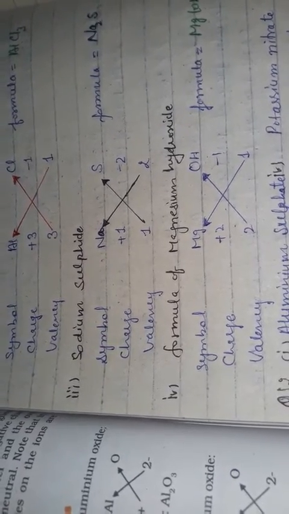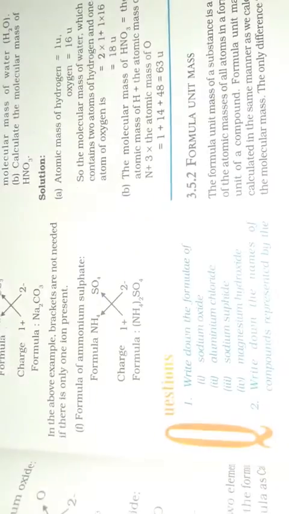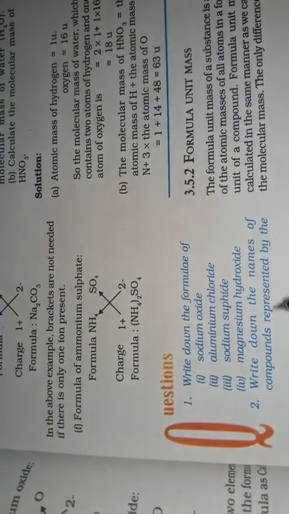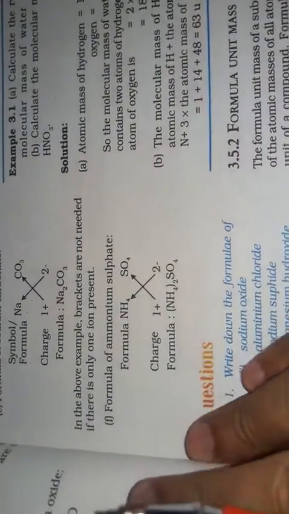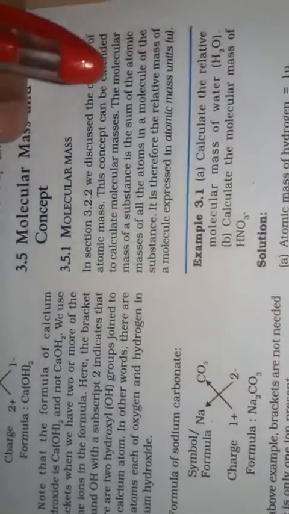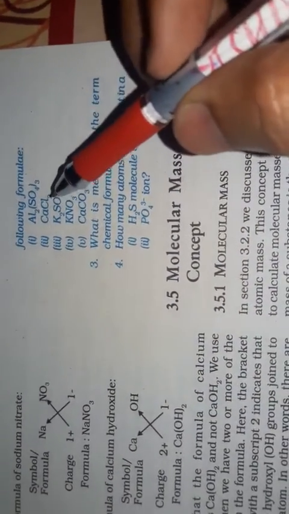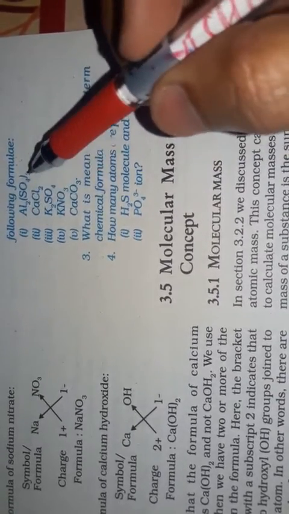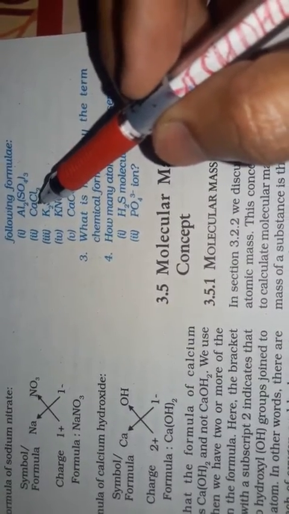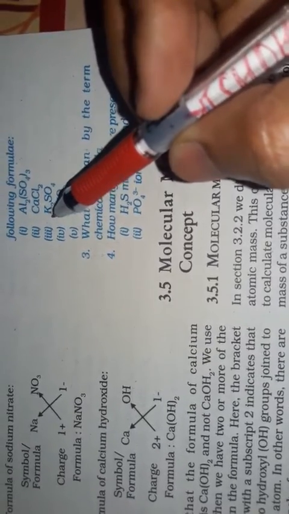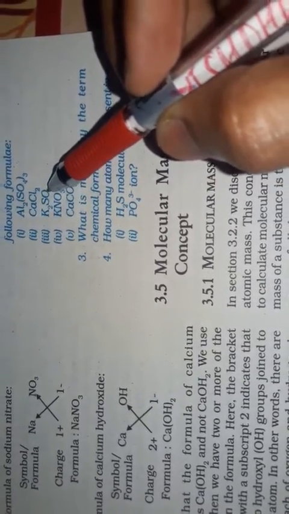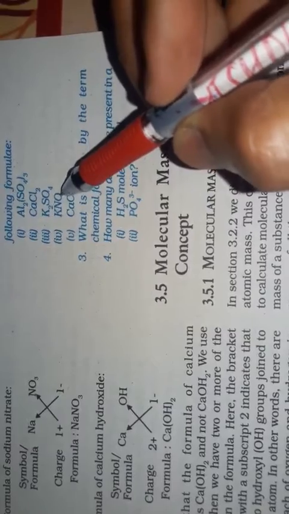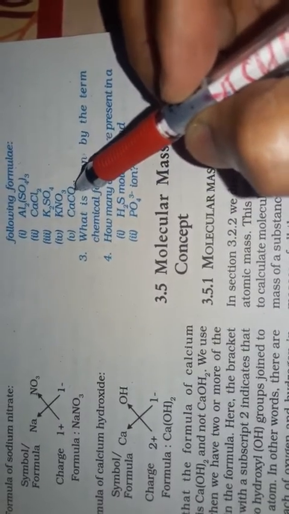Next: write down the names of the compounds represented by the following formulas. In the NCERT, the second question gives some formulas, and we write the names of the compounds: aluminium sulfate, calcium chloride, potassium sulfate, potassium nitrate, calcium carbonate.